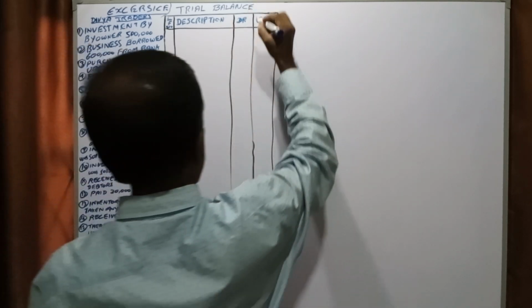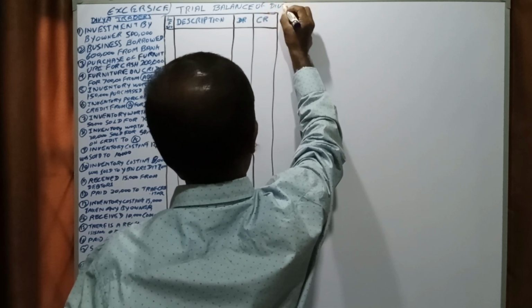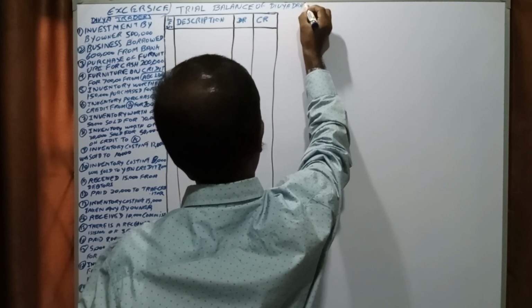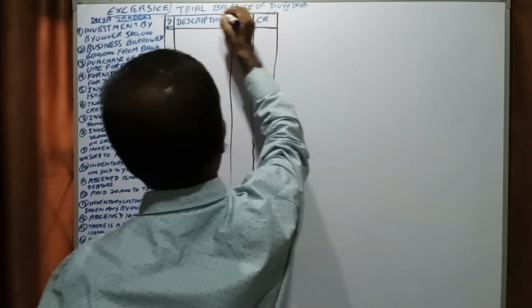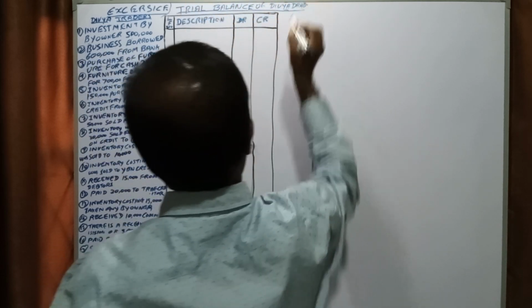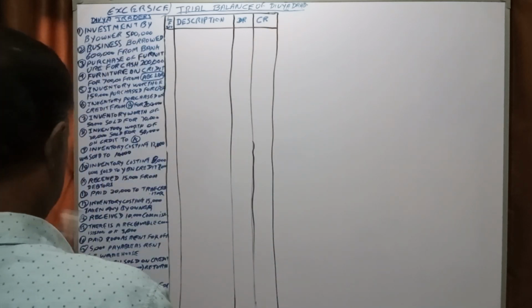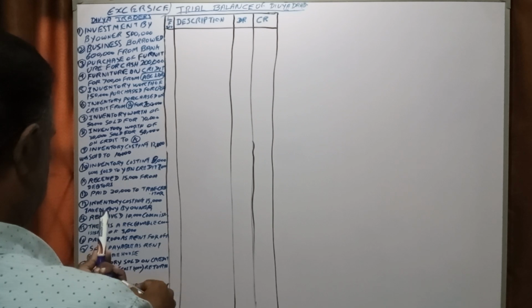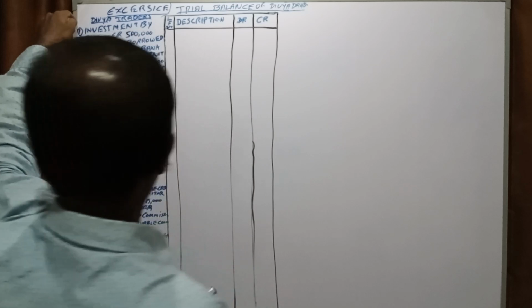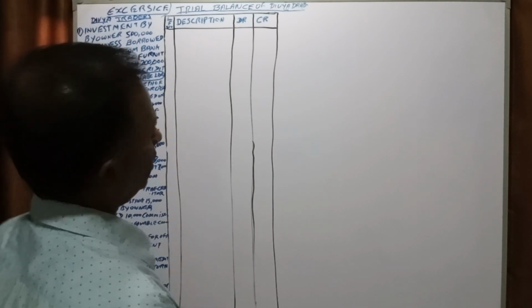Here, the first adjustment says investment by owner for 500,000.